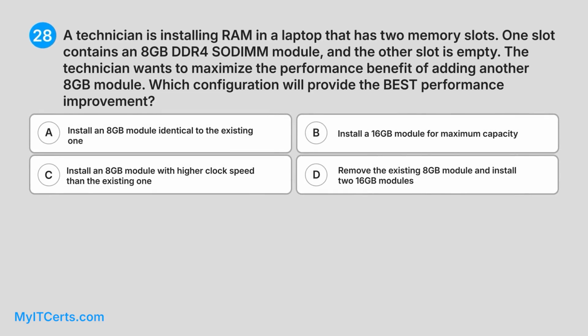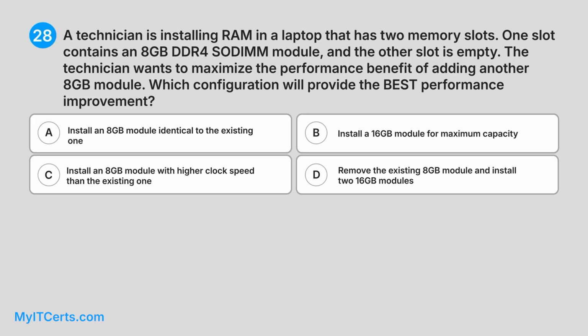A technician is installing RAM in a laptop that has two memory slots. One slot contains an 8 GB DDR4 SODIMM module, and the other slot is empty. The technician wants to maximize the performance benefit of adding another 8 GB module. Which configuration will provide the best performance improvement? A. Install an 8 GB module, identical to the existing one.